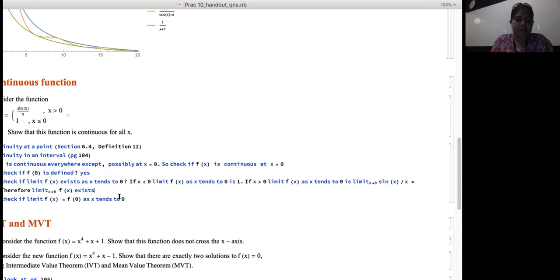Now the third condition: check if the limit of f(x) is f of 0. Yes, f of 0 equals 1, which is the limit.